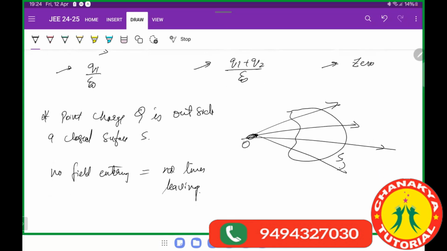So what we can conclude here is that the net flux through the closed surface will be 0.